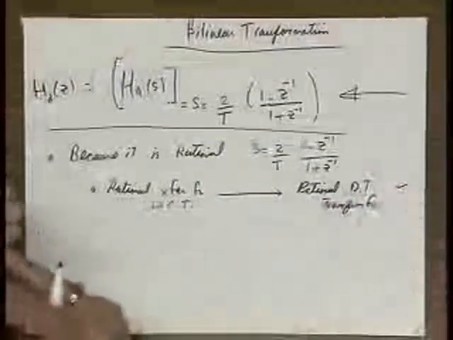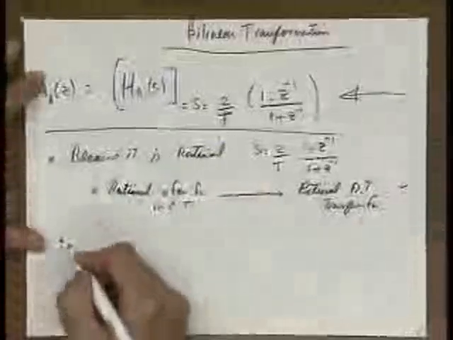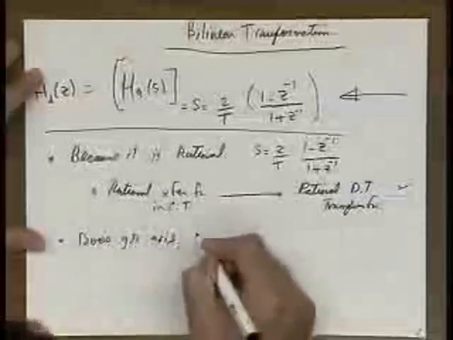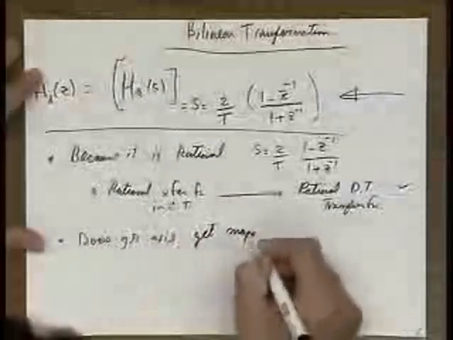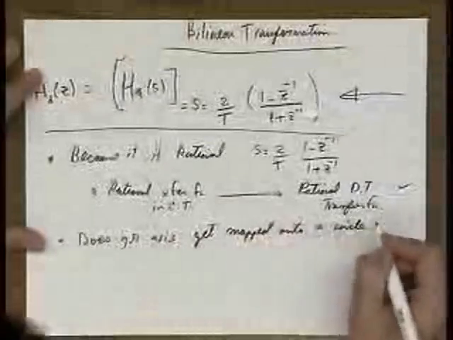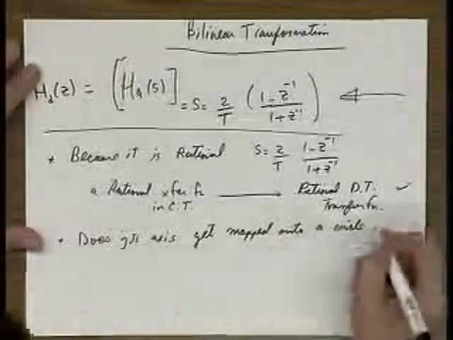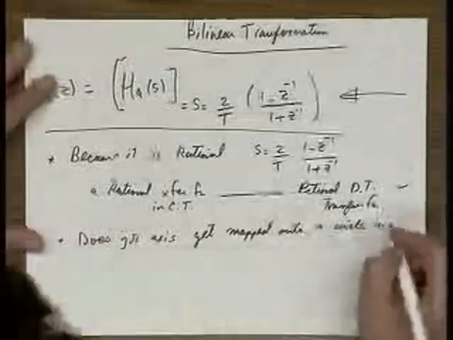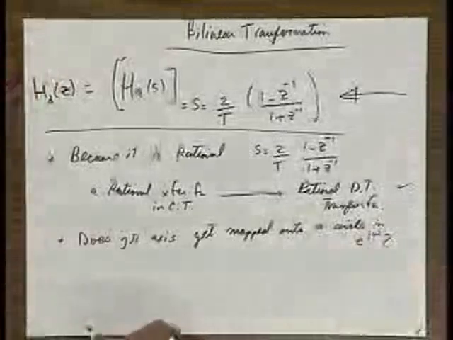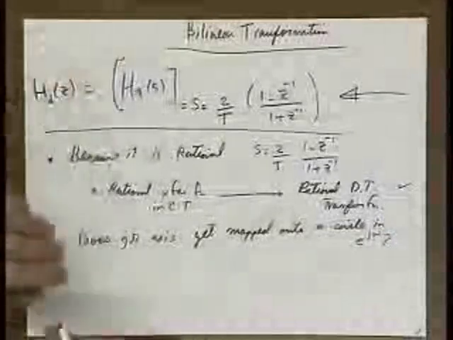The second question is, does the j omega axis get mapped into the circle, e to the j omega in the z domain? Well, we can just try and see what happens if we let z equals e to the j omega.